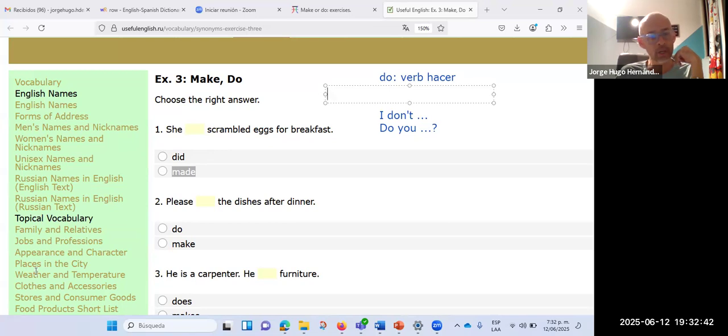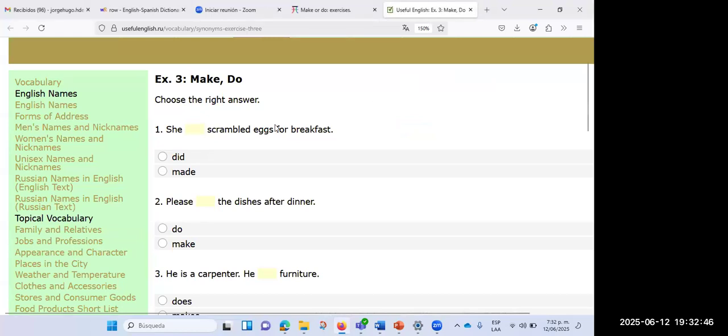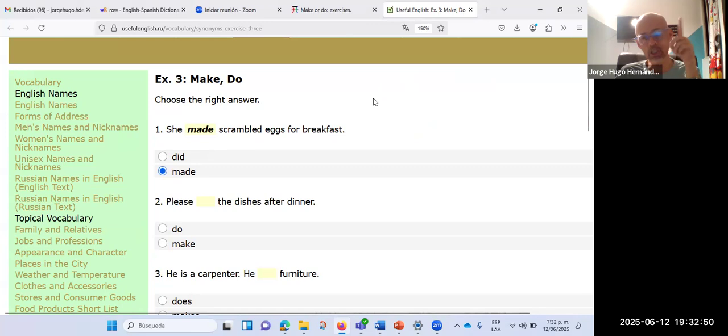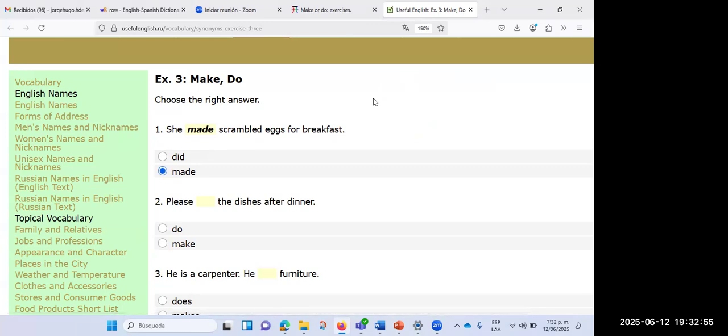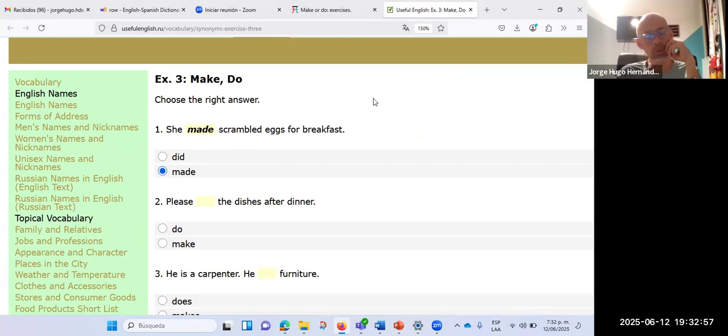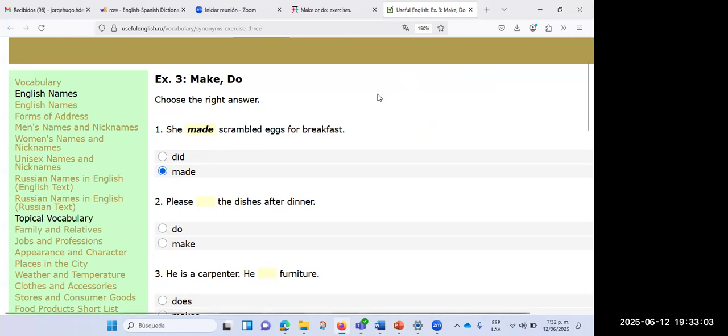What do you say, Kiara? Made. She made. She made scrambled eggs for breakfast. Do you cook, Kiara? Not usually, if I'm honest. What did you eat for breakfast today? Eggs.